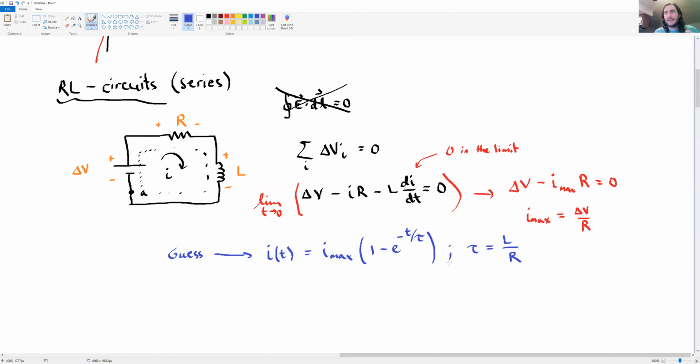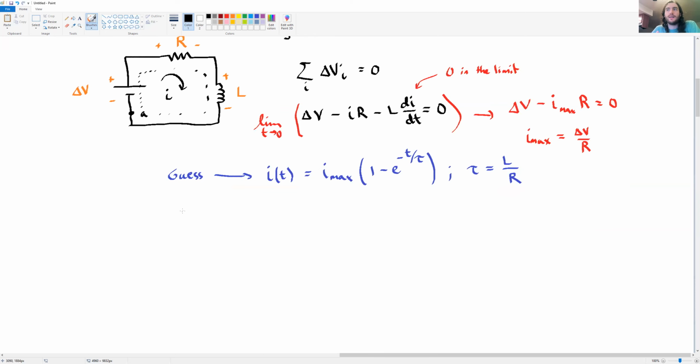That's minus L, or actually, since we've already chosen the direction, we can just look at the magnitude. That's going to be L times di dt, right? And so forth. There's no Q in this problem. There's no charge being built up on a capacitor. So there's no Q that we deal with here. So LR circuits, in a sense, are slightly less complicated than RC circuits. Let's just go ahead and figure those things out right now.